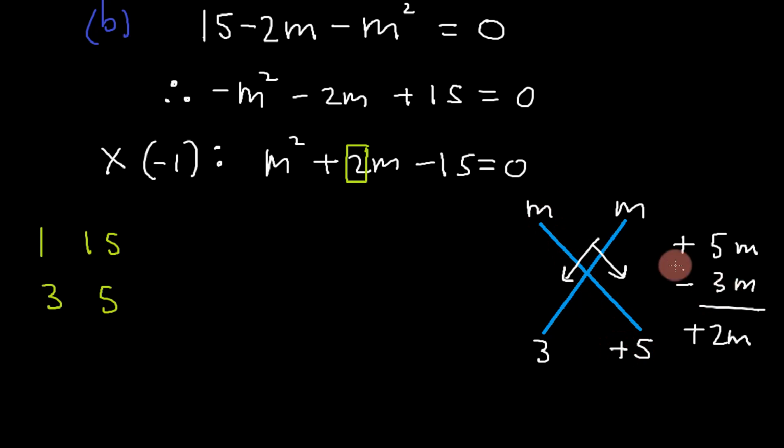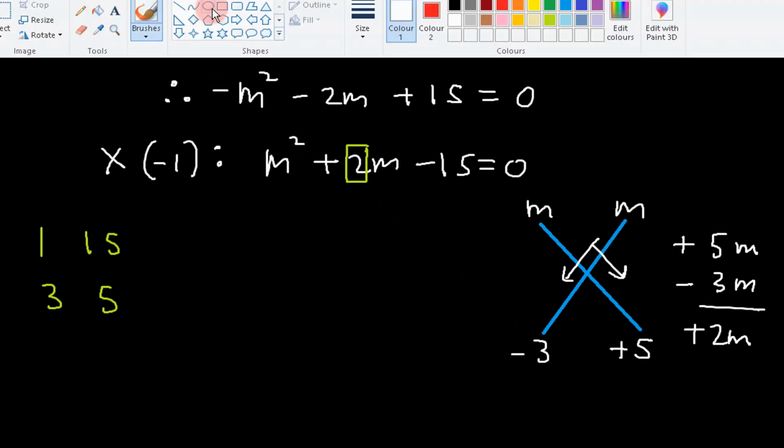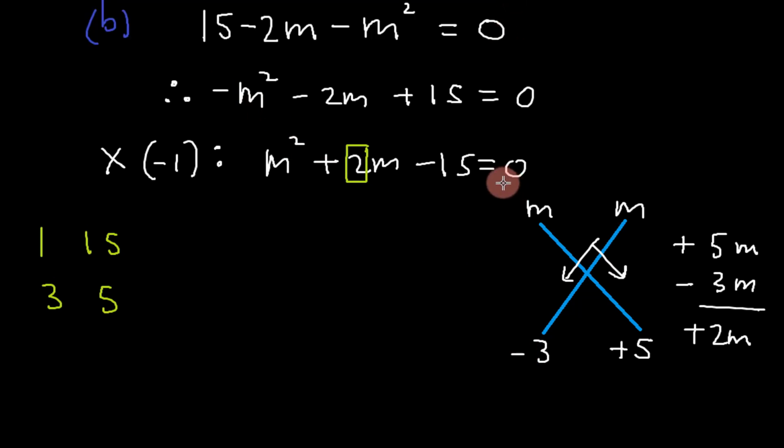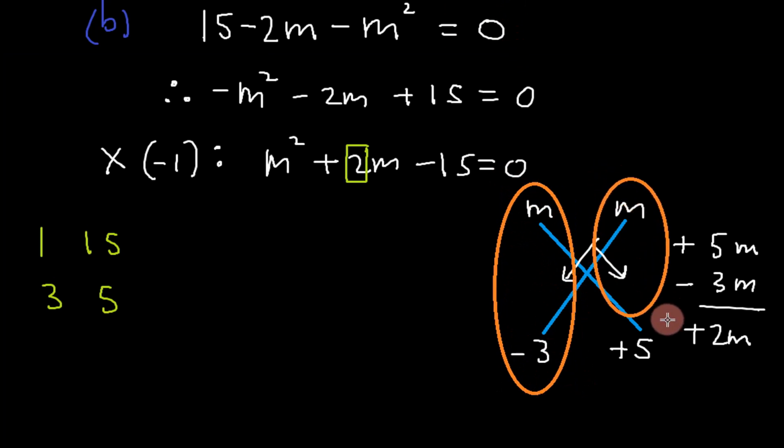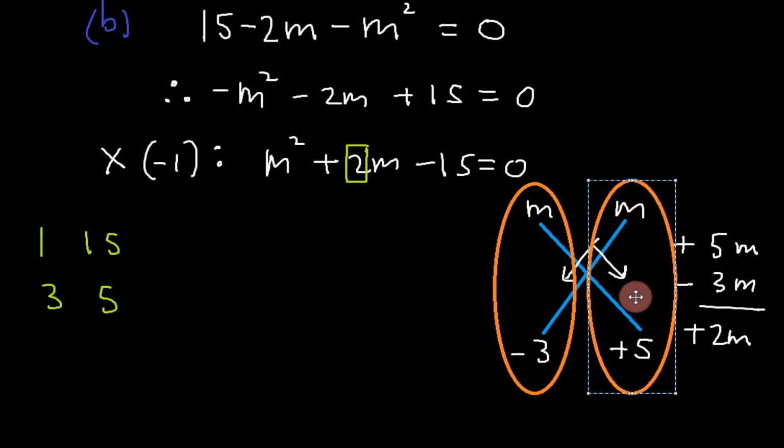And 3m we got by saying m times 3, so we need a minus here. Now we can group vertically. So m and negative 3 together, and m and plus 5 together.